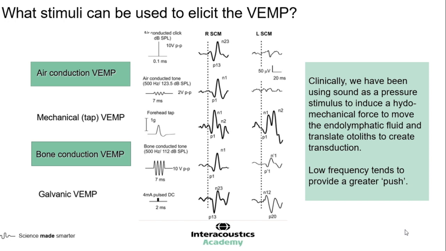Under bone conduction, we're thinking this is more of a vibrotactile response, and there are other factors in play, but certainly we're still looking at moving either the macular bed or the otoconia by moving the endolymph. And this tends to be swayed a little bit more to low frequency, as that provides the greater push of hydromechanical force.